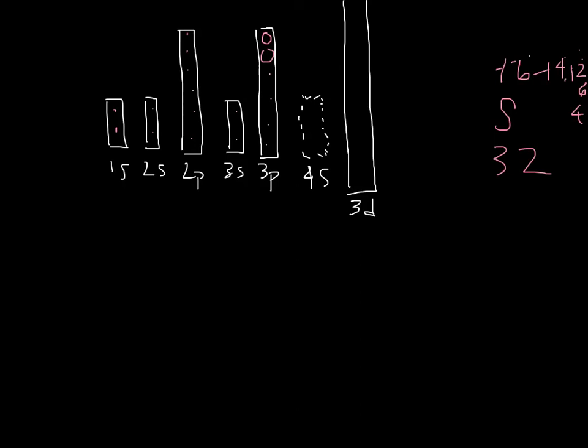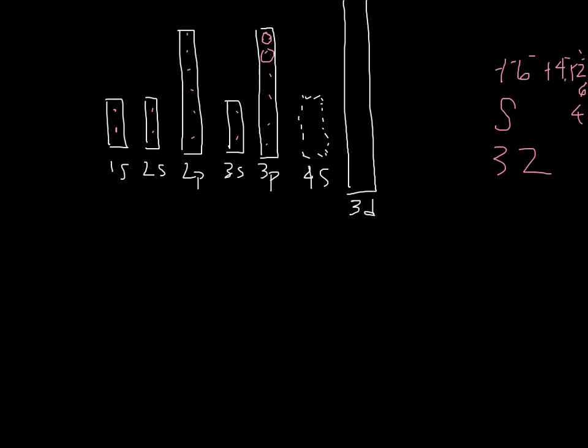Argon would have a full 3p level, and chlorine would have 1 less in the 3p level, and sulfur has 2 less. So you can kind of predict what this electron configuration is going to look like based on an element's location on the periodic table.